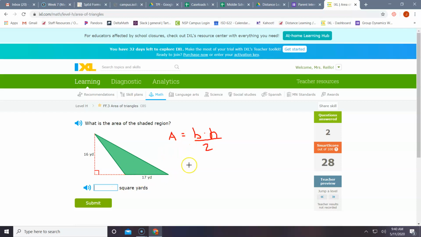Okay, so we're going to do 17 times 16 and then divide this by 2. So let's go ahead and grab our calculators. 17 times 16 is 112, and divide that by 2. We should have 56.